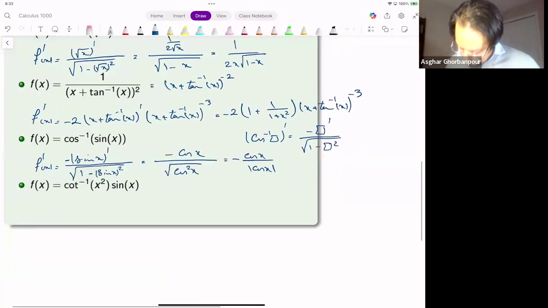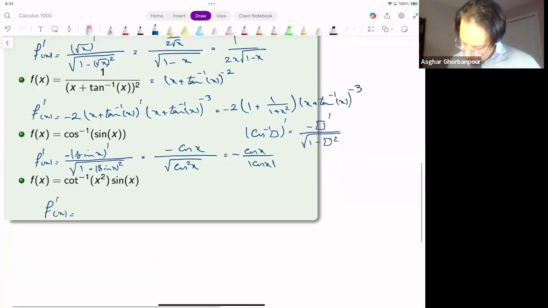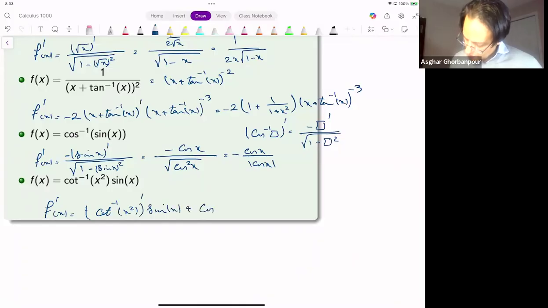Now, f prime of x is the derivative of the first one, cotan inverse of x squared, times sine x, plus cotan inverse of x squared itself times the derivative of sine x.